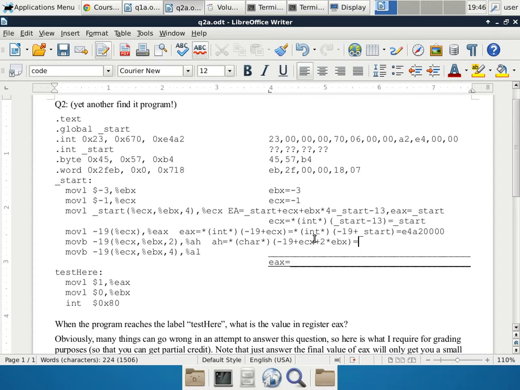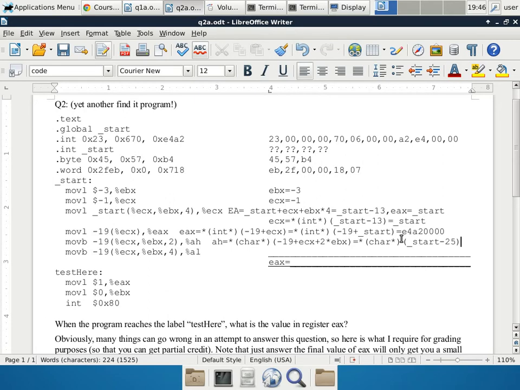If you get all the values calculated correctly from before, then you'll be able to find out that this is actually the effective address of _start minus what? We have ECX being _start, and we have -19 here, and EBX is -3. So 2 times -3 is -6. So combining everything, we have _start minus 25.